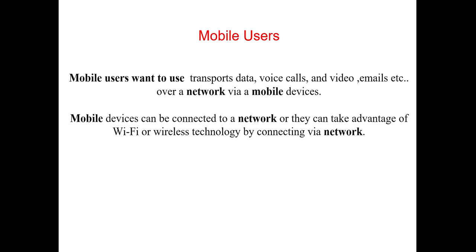Mobile devices can connect to the network. They can take advantage of Wi-Fi or wireless technology. So we have two types of communication: wireless communication and wired communication. Wired communication is physical communication, where a number of devices interact through a physical communication channel. There are various physical channels: twisted pair cables, coaxial cables, or fiber optic cables.